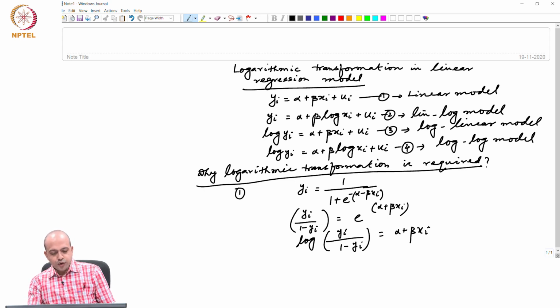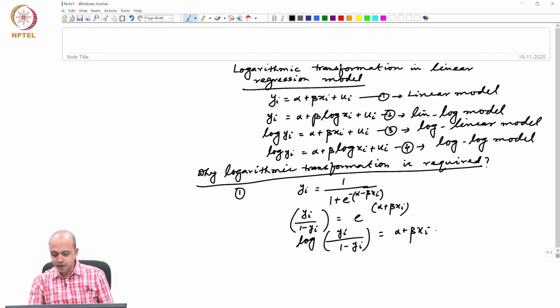So, when your yi and xi are non-linearly dependent, you first calculate 1 minus yi, then divide yi by 1 minus yi, and you get e to the power alpha plus beta xi, and then if you take log, it becomes log of yi by 1 minus yi equals alpha plus beta xi.